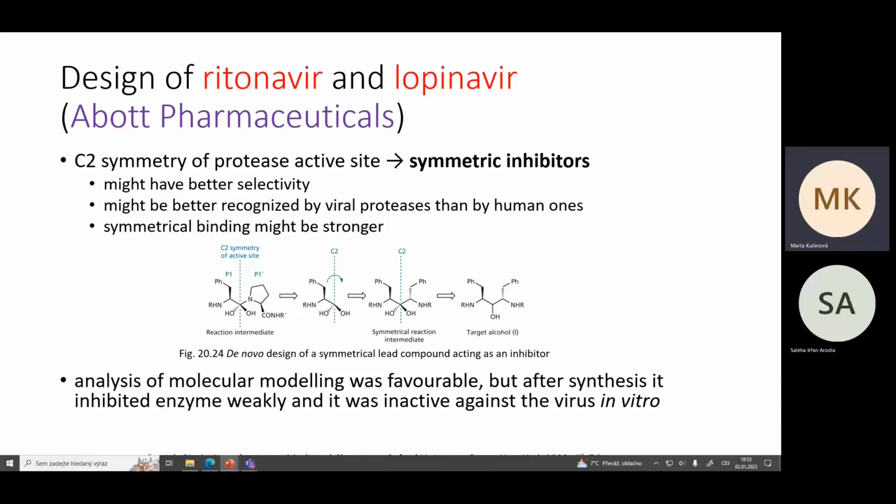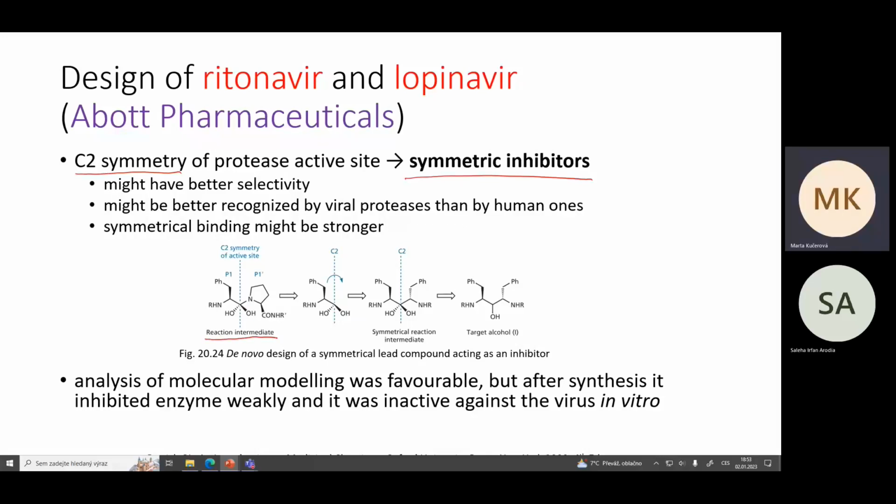It was known that in the active site there is C2 symmetry. So the company started to develop symmetric inhibitors that might have better selectivity, might be better recognized by viral proteases, and might have stronger binding.